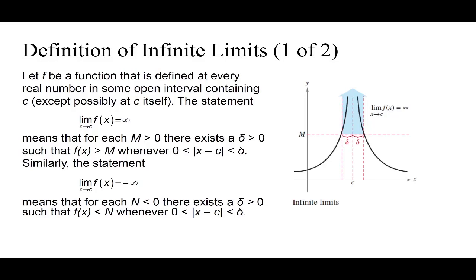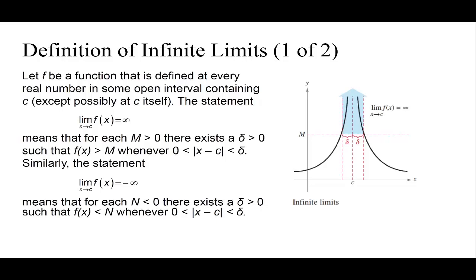The statement that the limit of f of x as x approaches c is positive infinity means that for any positive real number M, you can pick this M higher and higher. This M could be 100, 1000, a million, a trillion.